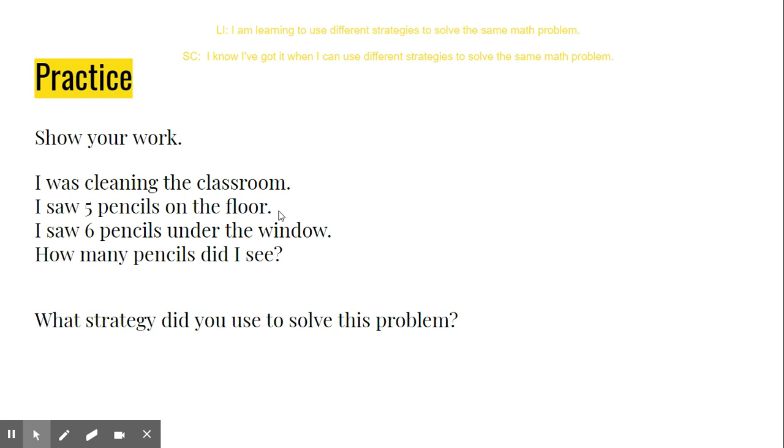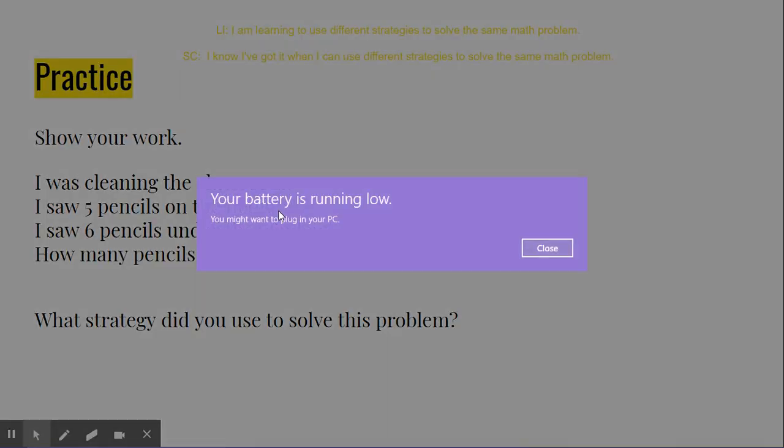I saw 5 on the floor and 6 pencils under the window. How many pencils did I see? Am I going to be adding or subtracting? Did I add more pencils or did I take some away? Right, I'm going to be adding the pencils.